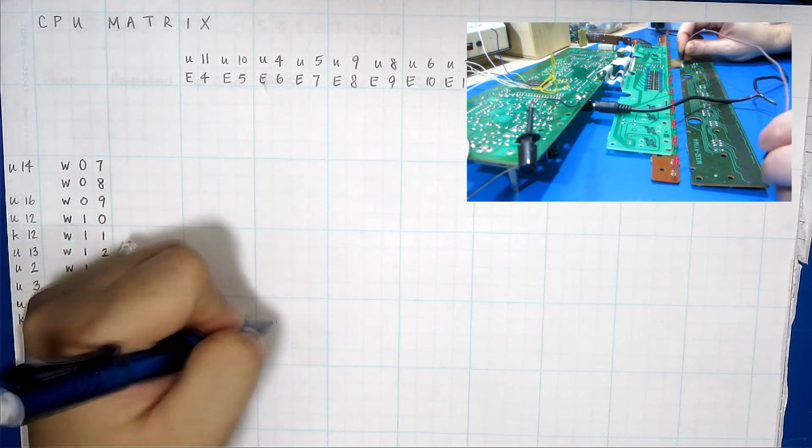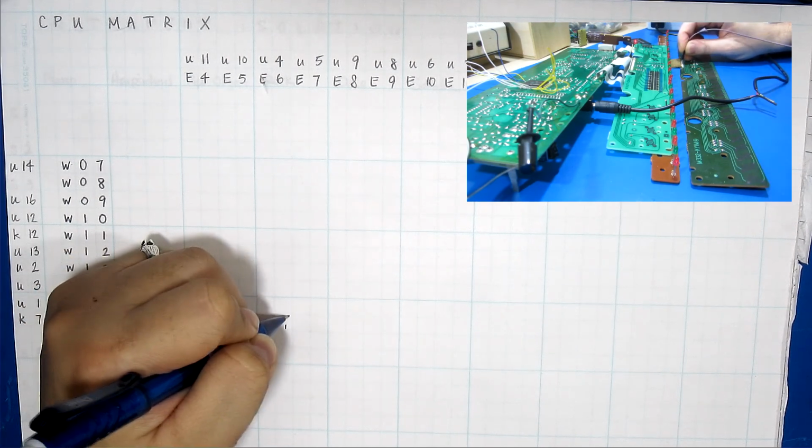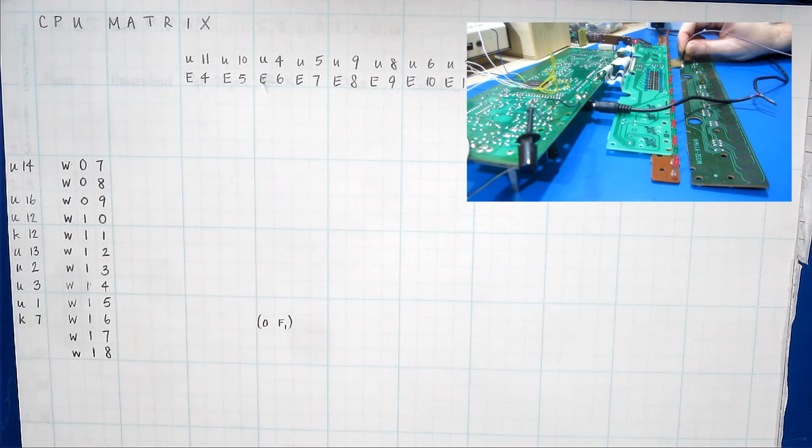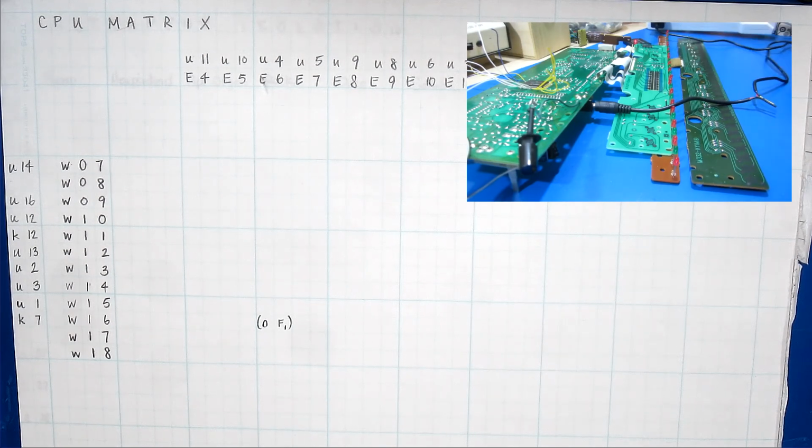Okay, so that one's going to be note 0. That's going to be F1. This is the goal for our project: to be able to figure out what to hook together here to pretend like that got pressed. Right. Okay, so try U1 and U7.